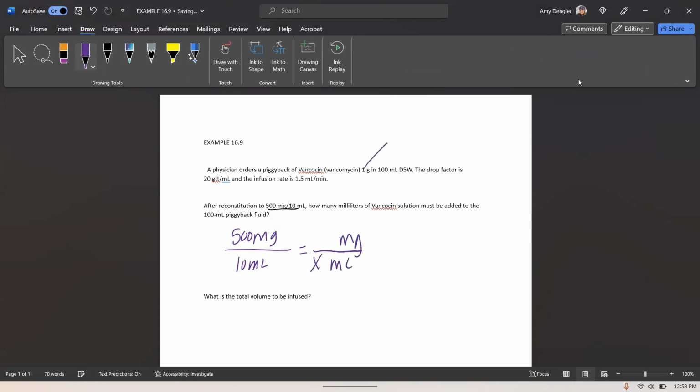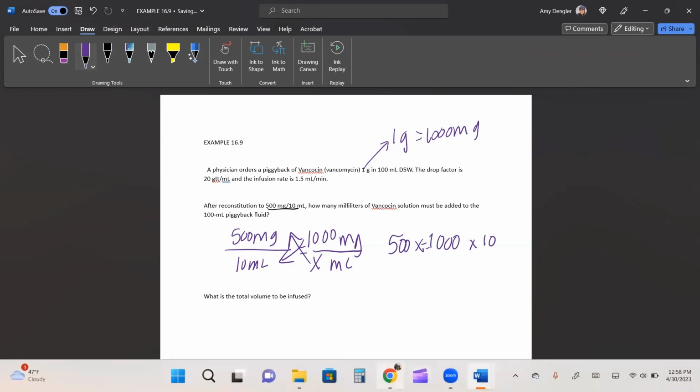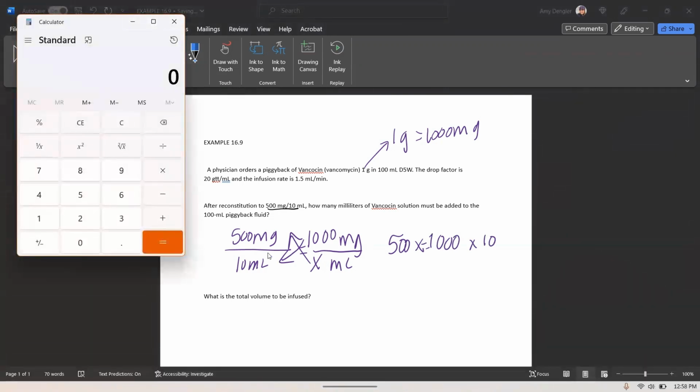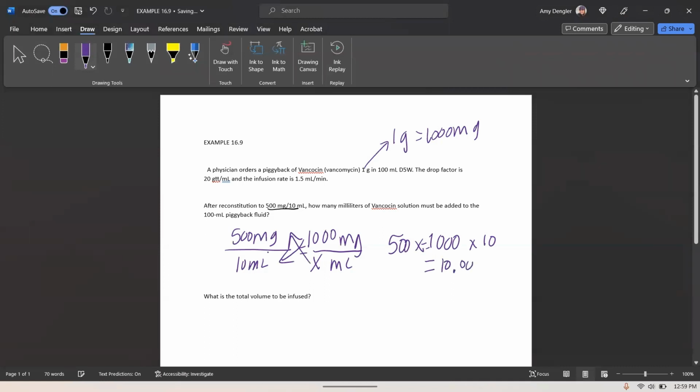Looking at my problem, I have 1 gram. 1 gram is equal to 1,000 milligrams. So 500x is equal to 1000 times 10. So 1000 times 10 is 10,000.